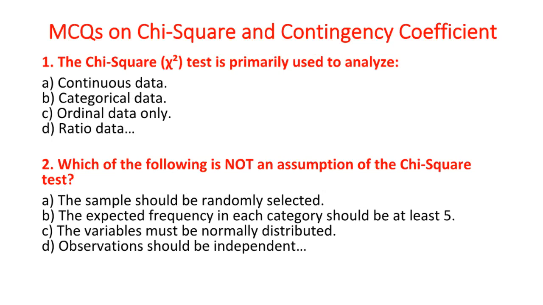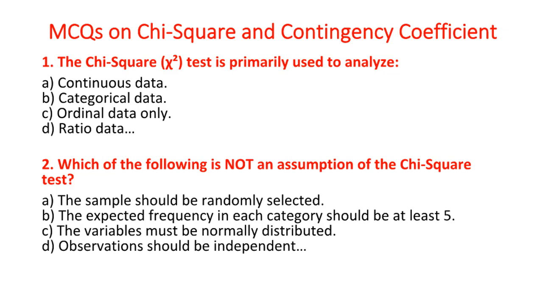1. The chi-square test is primarily used to analyze A. Continuous data, B. Categorical data, C. Ordinal data only, D. Ratio data. Answer, B. Categorical data. 2. Which of the following is not an assumption of the chi-square test?